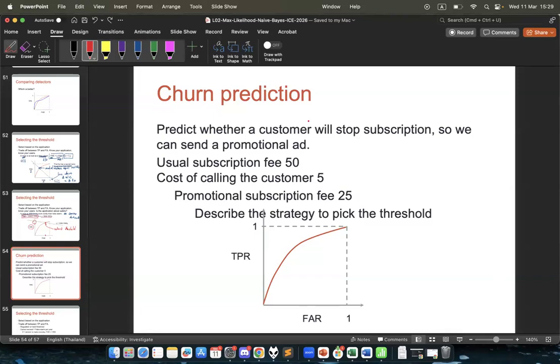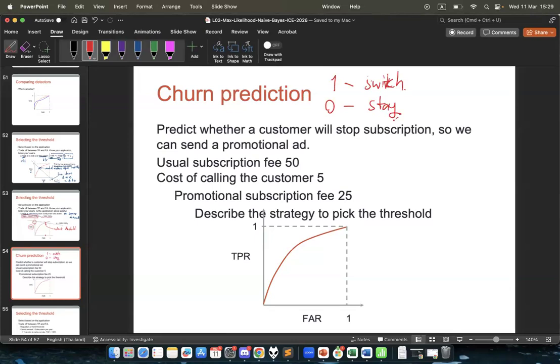In business, churn means the customer is switching provider. Let's say class 1, the positive class, is switching, and 0 means the customer is staying.